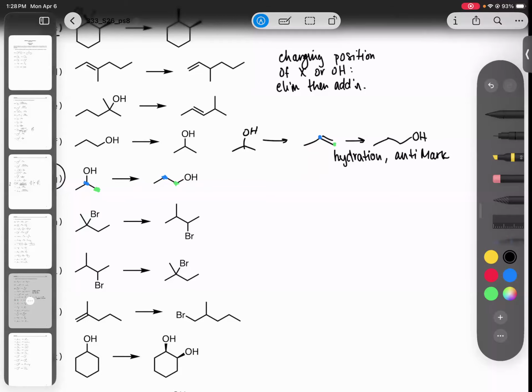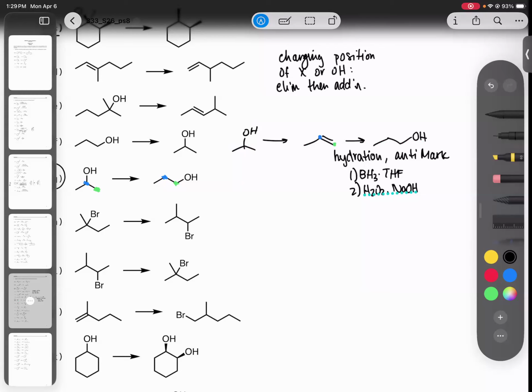So reagents for an anti-Markovnikov hydration are BH3 THF and then peroxide and sodium hydroxide. All right. So that's the second half.